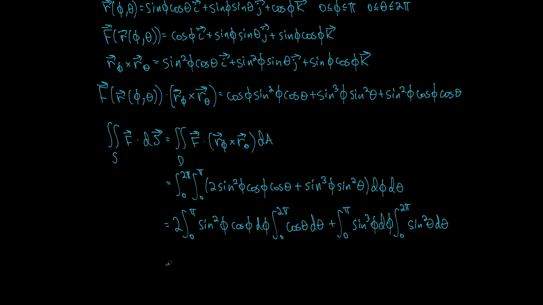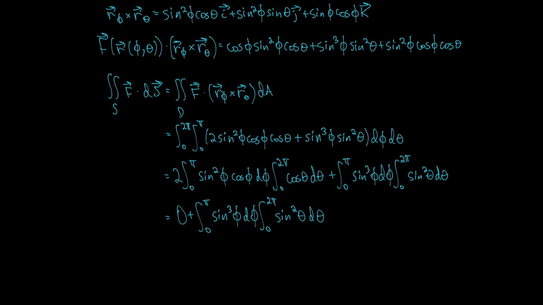So we get 0 plus the integral from 0 to pi of sine cubed phi d phi times the integral from 0 to 2 pi of sine squared theta d theta, which we compute the same way we did in example 1, and we just get 4 pi over 3.